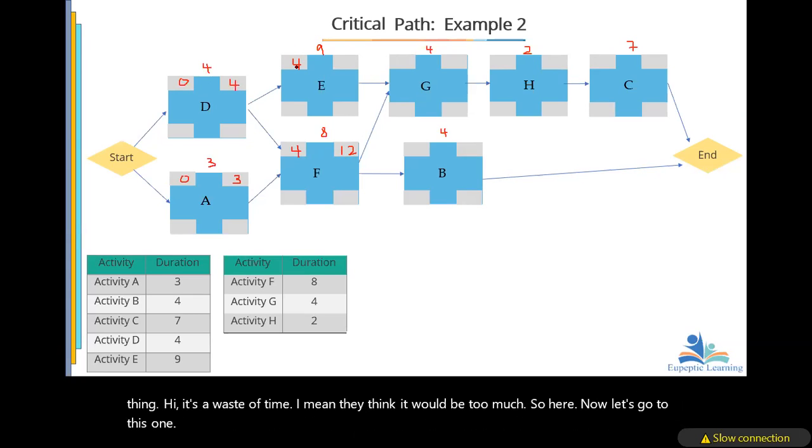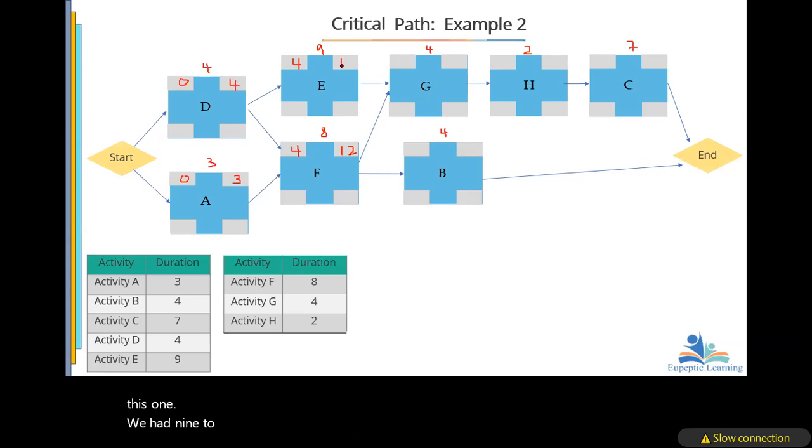Now, let's go to this one. We add 9 to this 4, it takes us to 13, right? Now, activity G depends on what? Both E and F activity, exactly. So we write 13 here, and this will be 17.